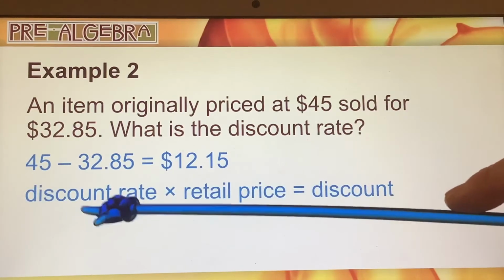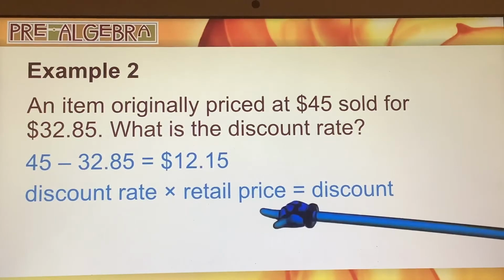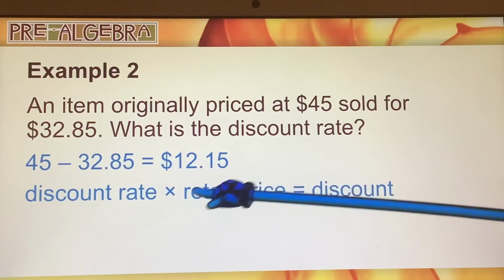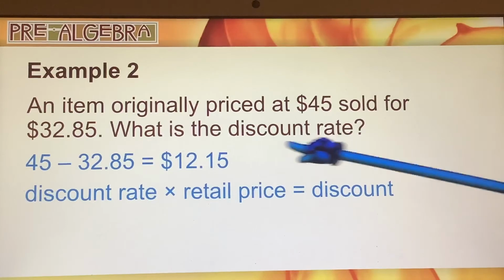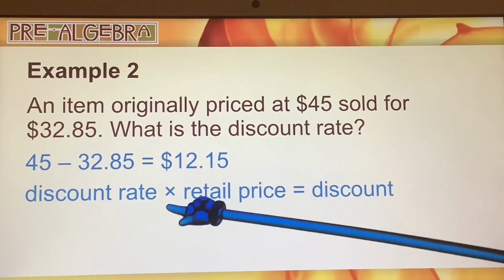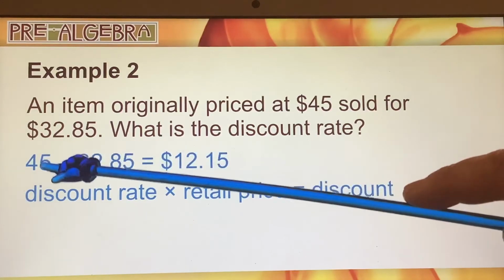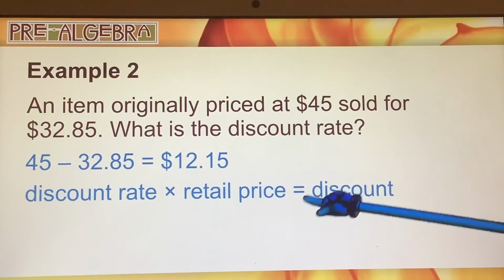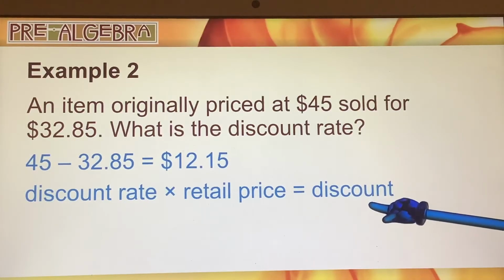Well, the discount rate times the retail price is equal to the discount. So our discount rate, which is what you're trying to find, times the retail price, which is $45, is equal to the discount. How much was the discount? $12.15.